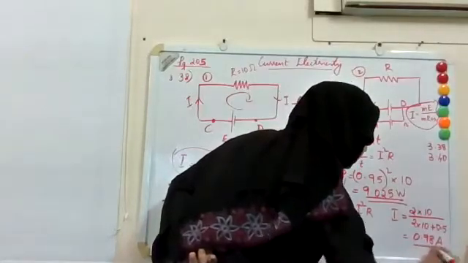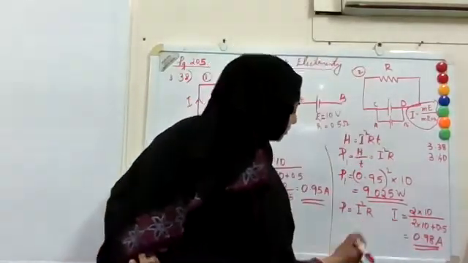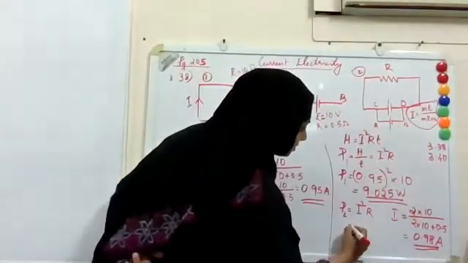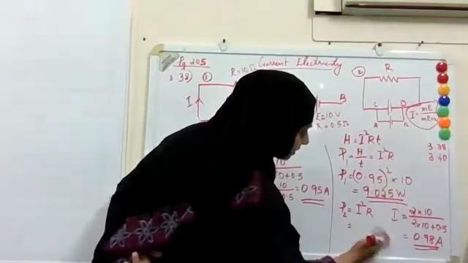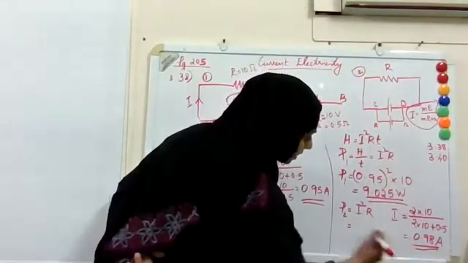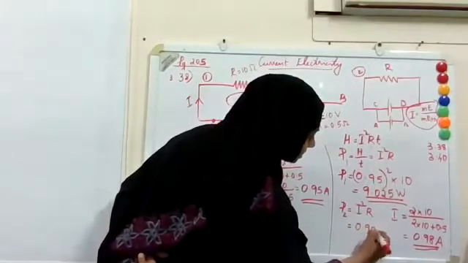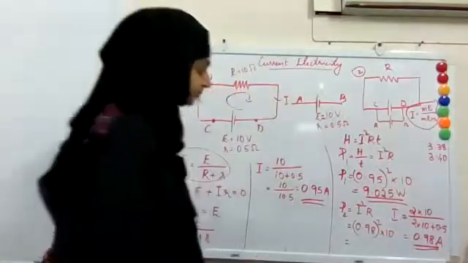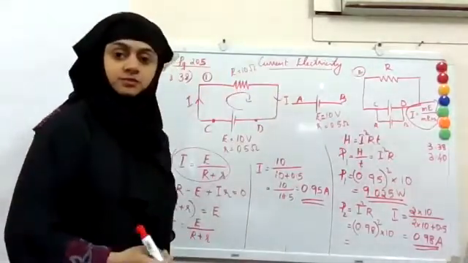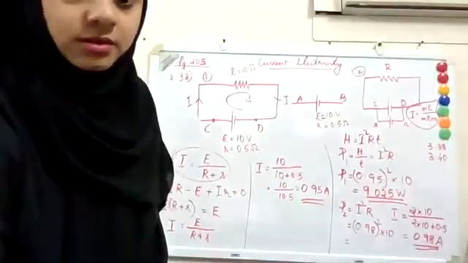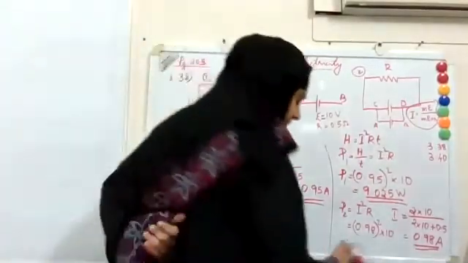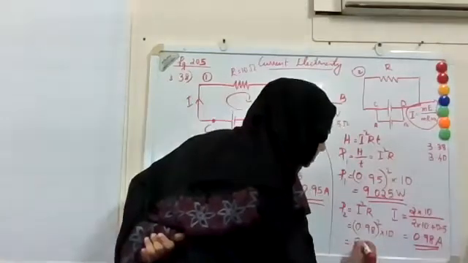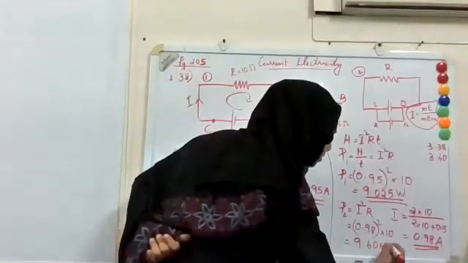0.98 ampere. Now you can use this current in this equation to get the second case, how much power is given out per unit time. So here I am using 0.98, the whole square times 10. What is the value? 9.604 watts.